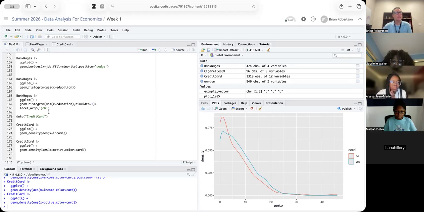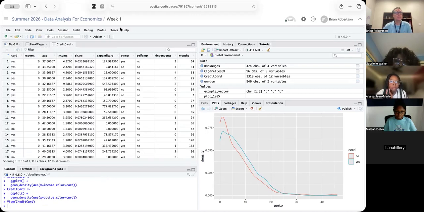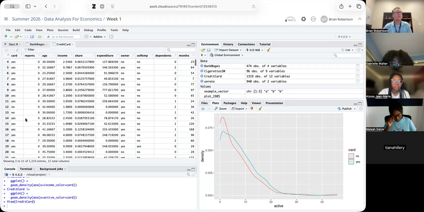The last thing we ended on was this credit card data set. If you recall, it was a fun data set with a sample of credit card applications to a credit card company, and it had whether or not the application was accepted or rejected, so whether the issuer issued credit to the applicant, indicated by the yeses and nos.